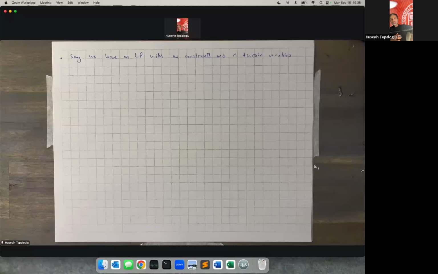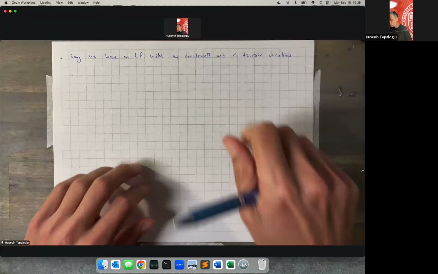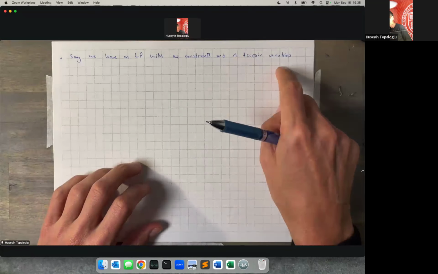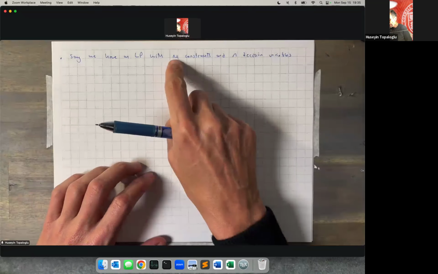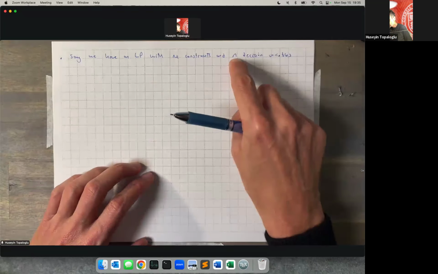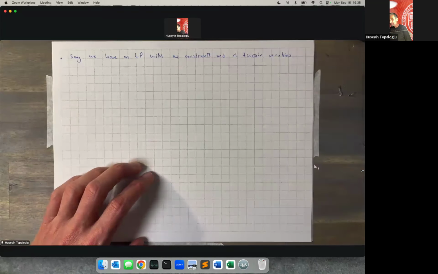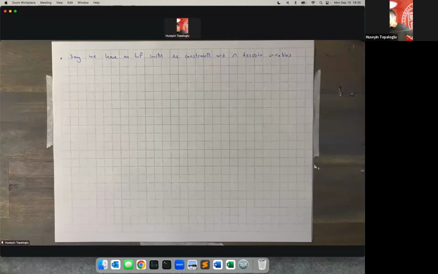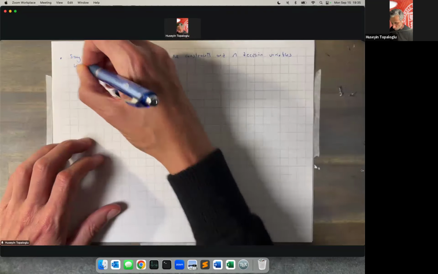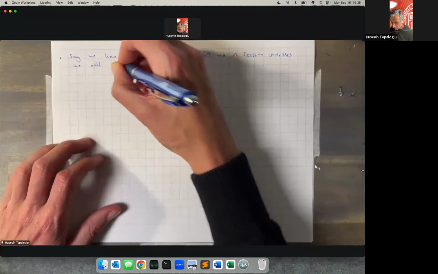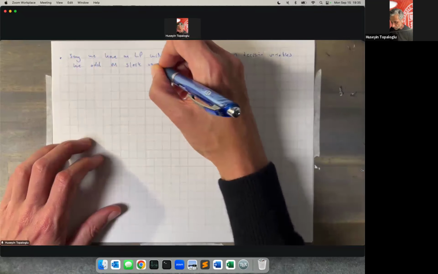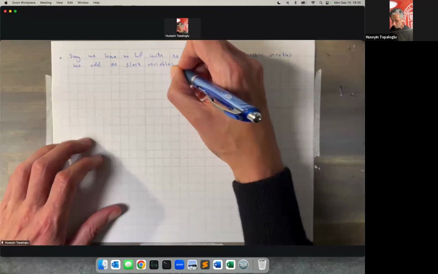What we do is we add a slack variable for each one of these constraints. When we add the slack variables, we're going to have n plus m decision variables. So our linear program had m constraints and n decision variables. Then we add a slack variable w for each one of these constraints. So we add m slack variables. These are my w's.